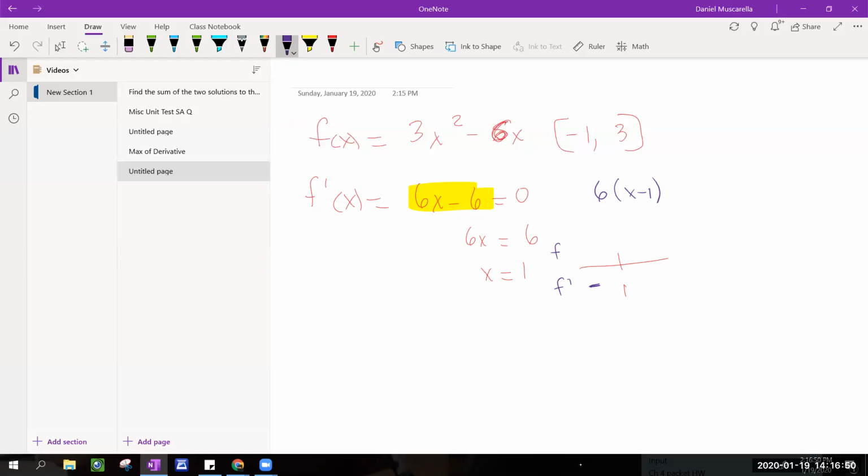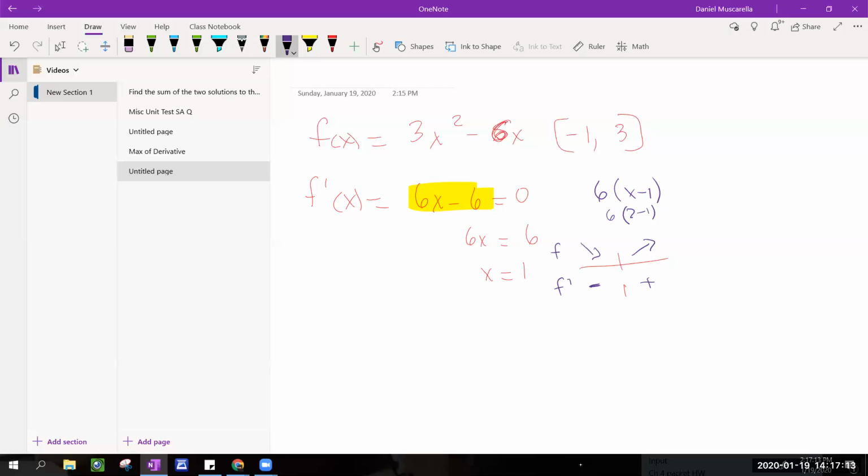So your first derivative would be negative, which means that my function is decreasing. And then if I put a number in on the other side of 1, I would get a positive value for the first derivative, because 2 minus 1 gives me something positive. When I times that by 6, I get a positive value. So we have that, and then right here, I would have a minimum.